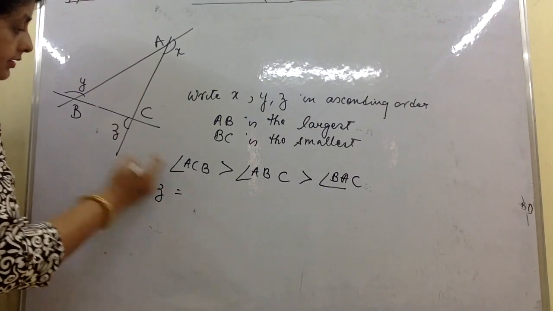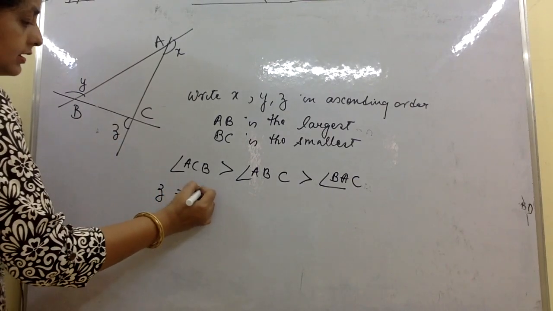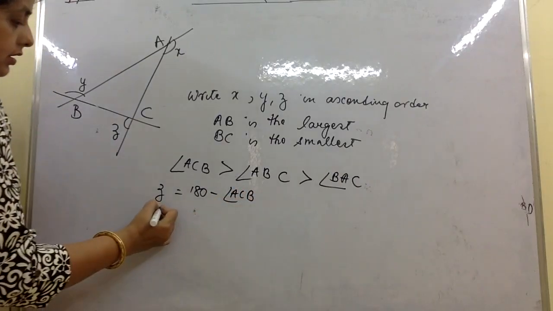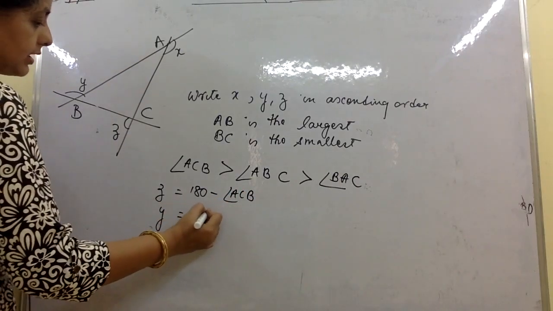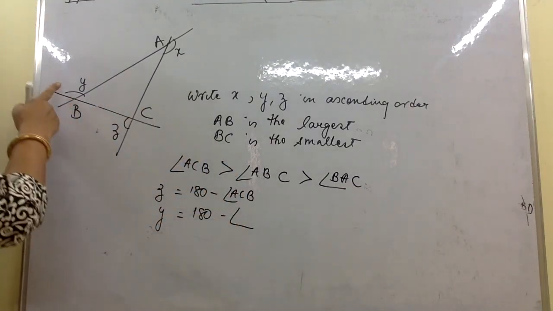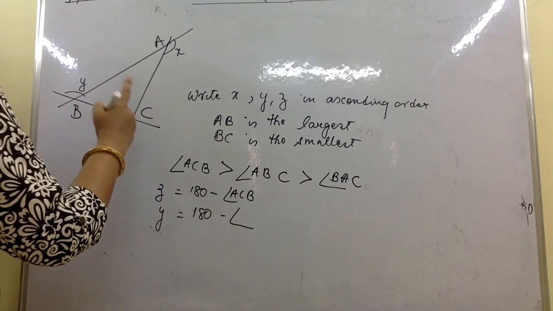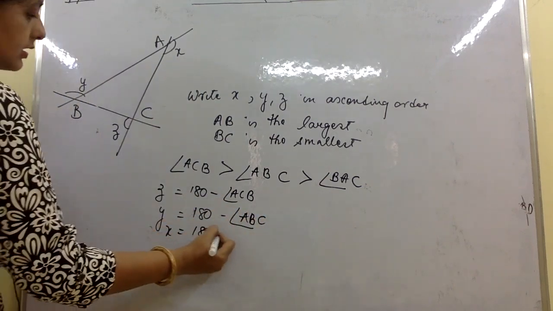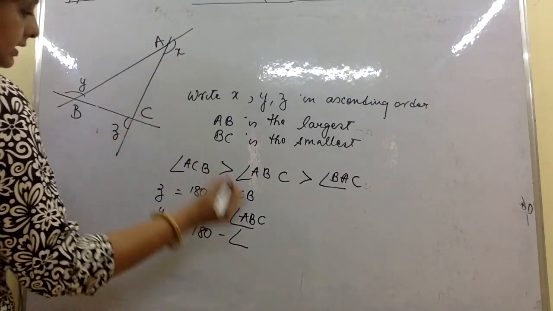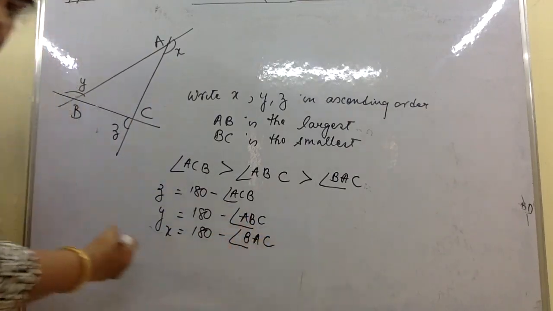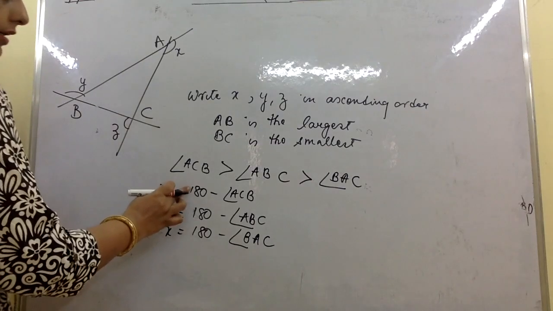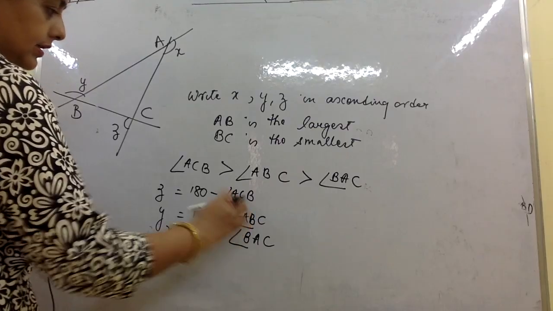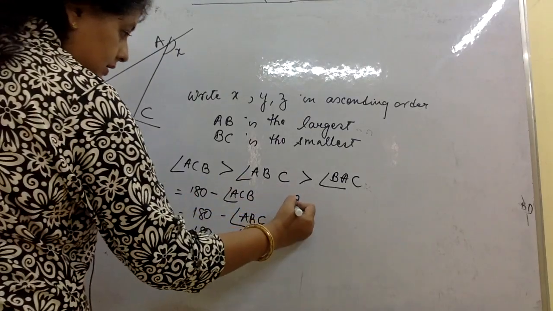Now Z is equal to 180 minus angle ACB. Y is equal to 180 minus angle ABC, and X is equal to 180 minus angle BAC. Now out of X, Y, Z, since ACB is the biggest, Z becomes the smallest.